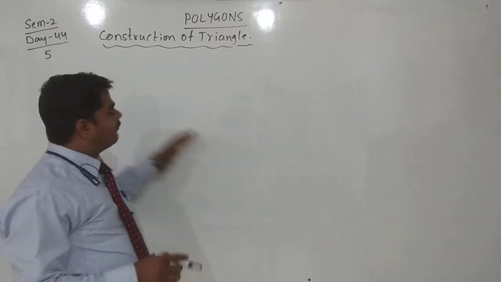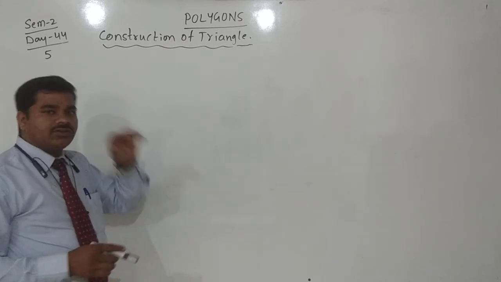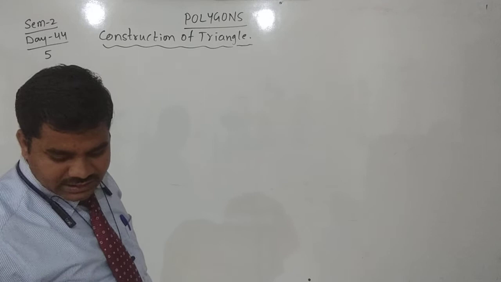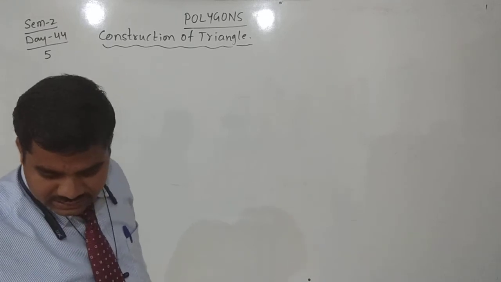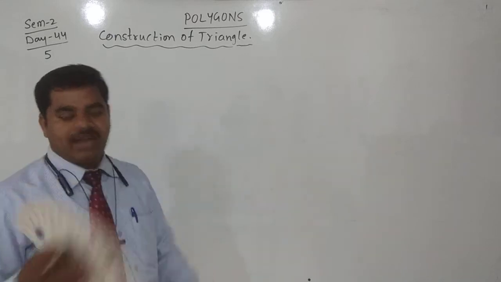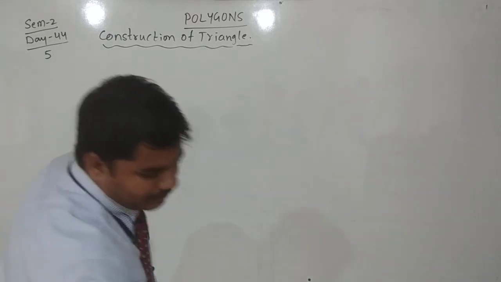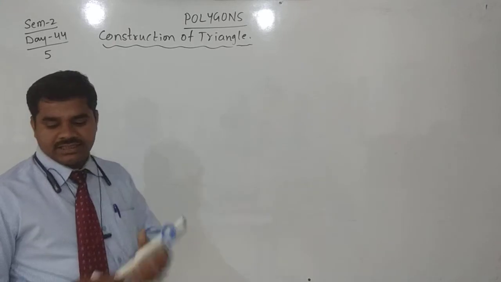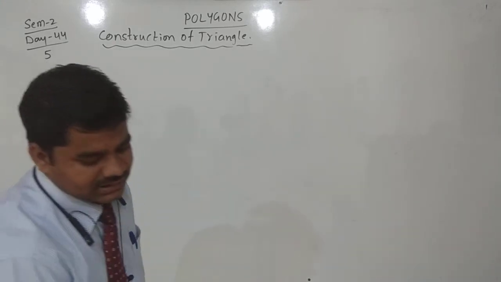If two angles and one side are given, then also we can construct very easily. For that we need a ruler, a protractor for the measurement of angles, and a compass.